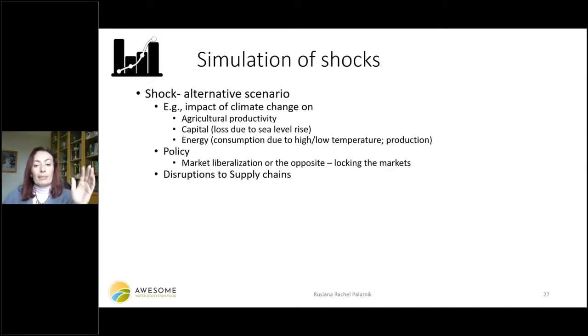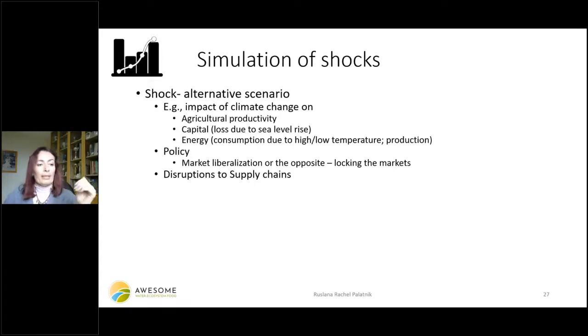Now that we have a basic idea of the model and the data, let's discuss the shocks. By shocks, I mean alternative scenarios that can reflect a vast variety, okay? Like impact of climate change on agricultural productivity, or capital loss due to sea level rise, or energy consumption that may rise due to extremely high or extremely low temperature, or differences in production.